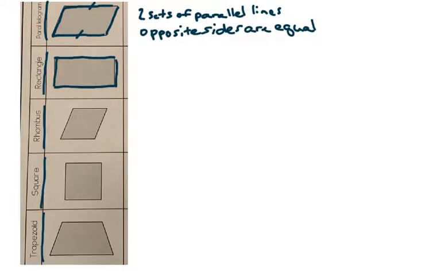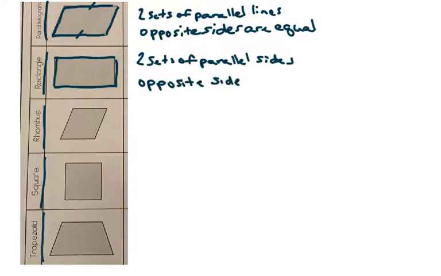So a rectangle also has two sets of parallel sides. And guess what? It also has opposite sides equal. Those sets of lines that are parallel are also equal. So already I can tell that by definition, this rectangle already fits the definition of a parallelogram.